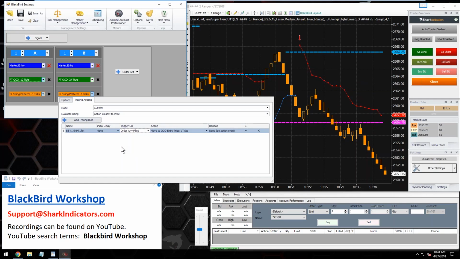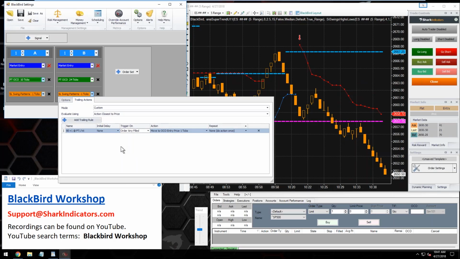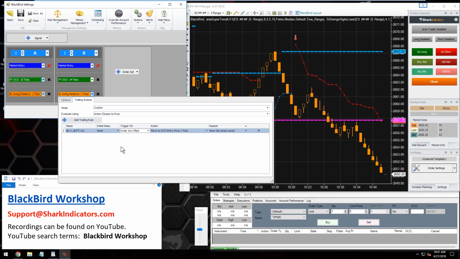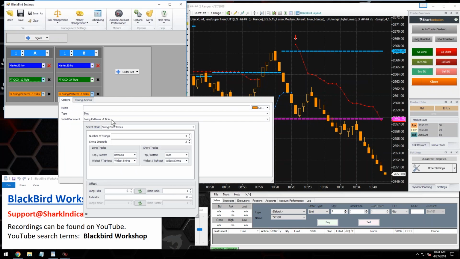So Constantine's saying he's got an error that says no value for the swing. You will need to make sure that your indicators are set right in BlackBird so that you actually have a swing plot.